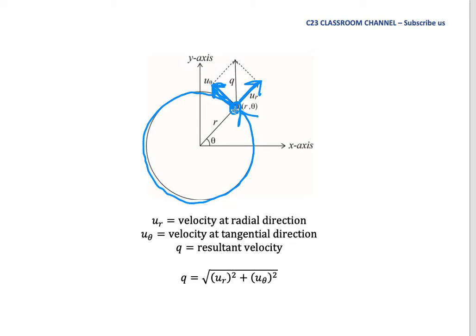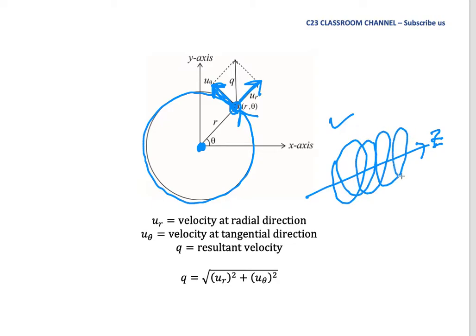At the same time, for polar coordinates, we still have the z-axis. The z-axis is actually normal to this surface. So if the z-axis is like this, the molecule will rotate here and go forward, moving spirally like that. So this is the idea of polar coordinates in three dimensions.